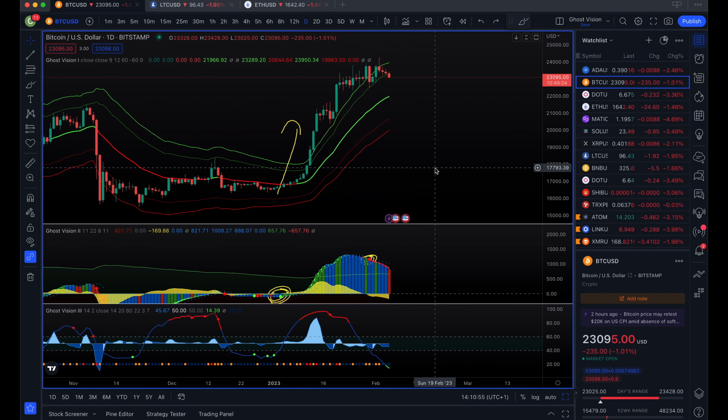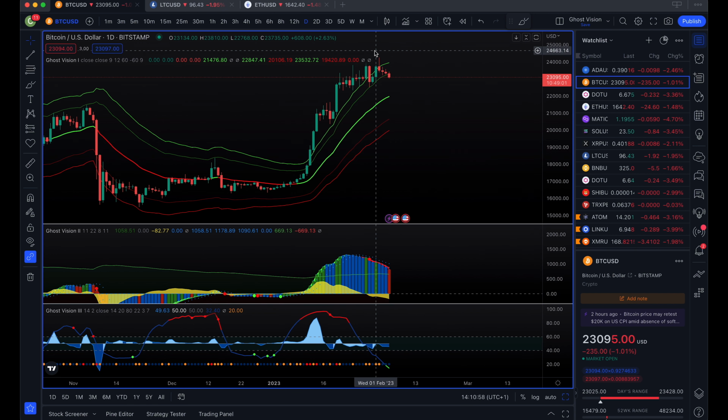So as you can see, the indicator works for every time frame. Daily, weekly, 4 hour, 1 hour, 5 minute, 1 minute. It's adjusted according to the market. And time again, you can see with your own eyes how accurate Ghost Vision shows you all the moves which are about to happen before they happen.